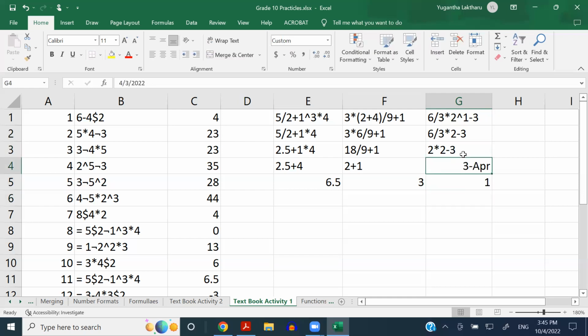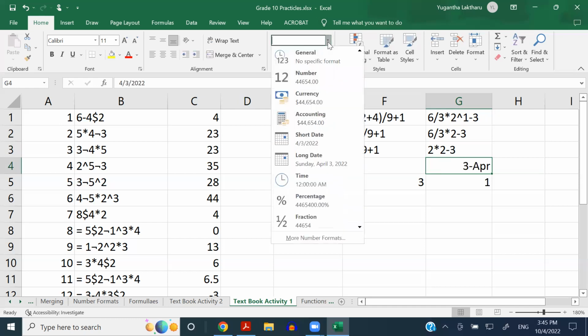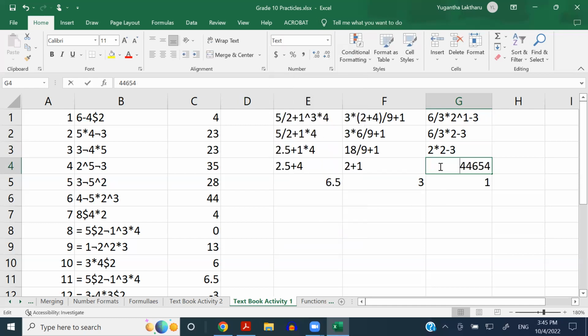I'm sorry for this date thing. It automatically customized, so let me make it as a text. So it's 4 minus 3, which is going to be the 1. Is that clear? Thank you. Right, okay, great. Yes, anything else, people?